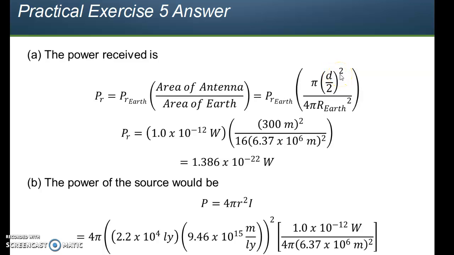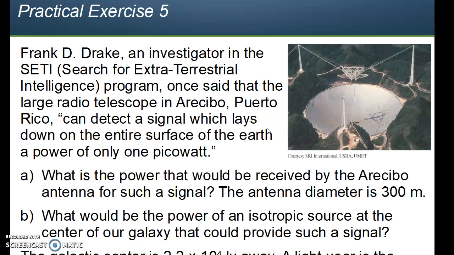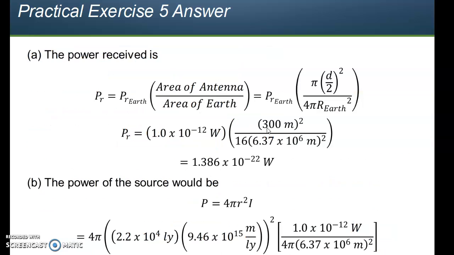And so that would be 100. Just a second here. They say 300 meters, but I do believe the diameter is 300 meters. So this d, this should be this divided by 2, shouldn't it?